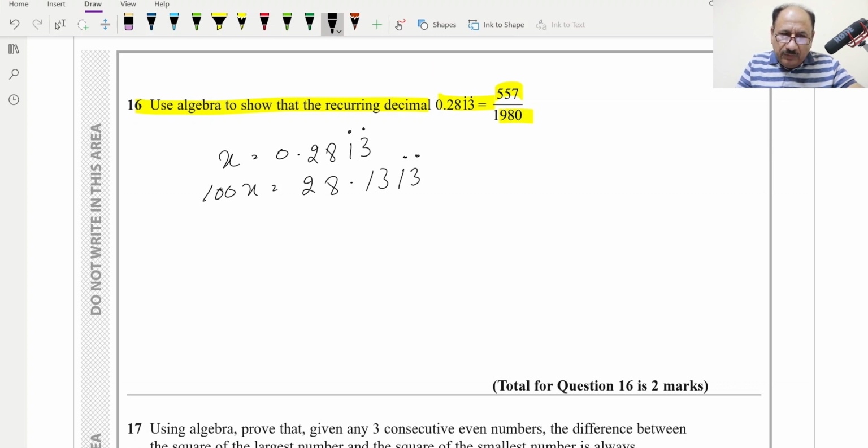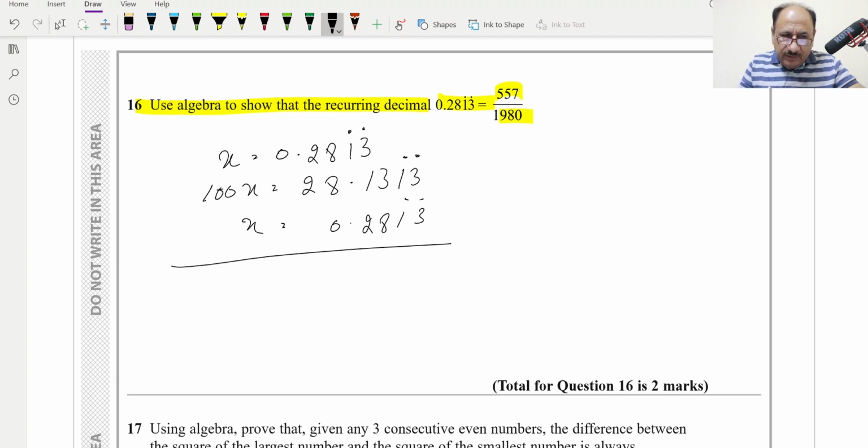Now we can subtract this x from here. This will be 0.1313 recurring portion, so this will be equal to 28.